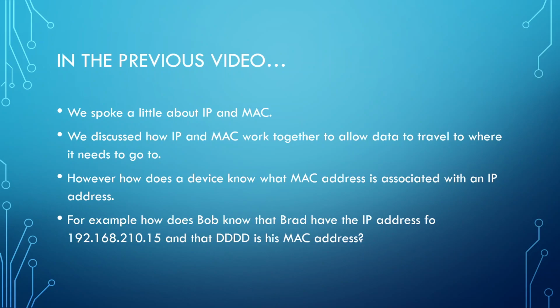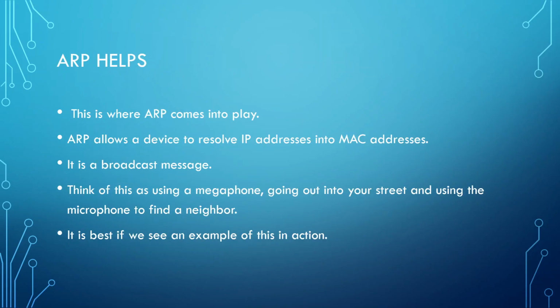As an example, when Bob sends data to its default router, how does it know the router has the IP address 192.168.200.1, and that the MAC address BBBB is associated with that IP address? As another example, let's say Bob and Brad are both in the 192.168.2.0/24 network. How does Bob know that Brad has the IP address .15, and that DDDD is his MAC address? This is where the ARP protocol comes into play.